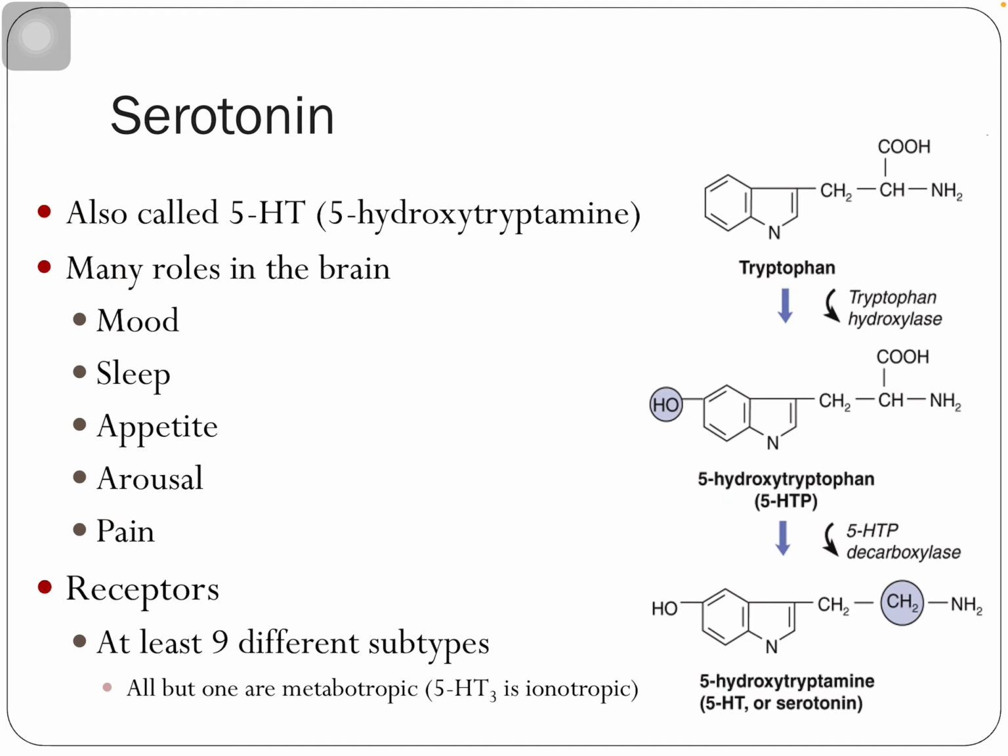So let's talk about serotonin. You might see serotonin abbreviated as 5-hydroxytryptamine, but whenever you see 5-HT, that's serotonin. Serotonin has a lot of really important roles in the brain. It's synthesized from tryptophan. If you remember, we talked about tryptophan being in turkey.